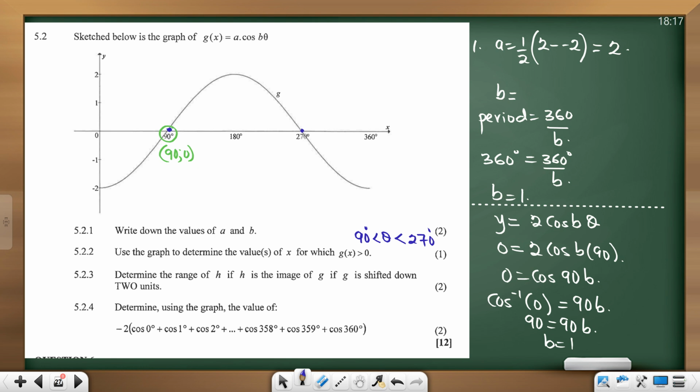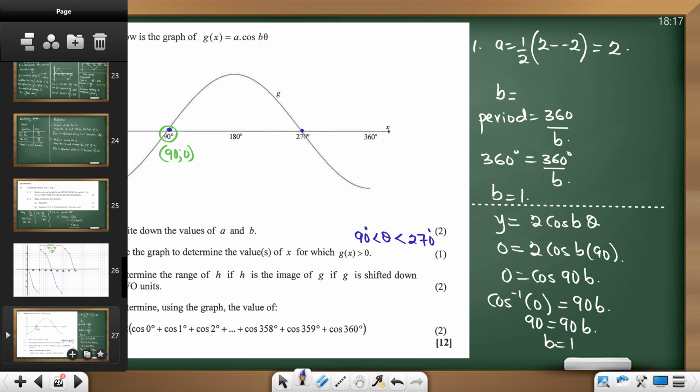Determine the range of h. If h is down 2 units. So range, remember our range is between minimum and maximum.